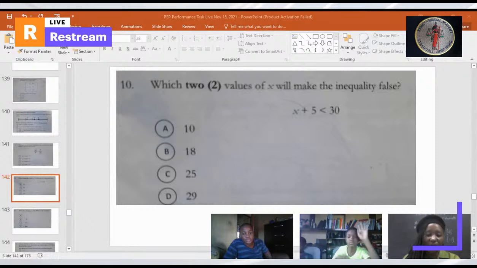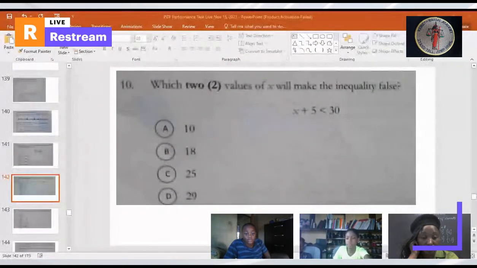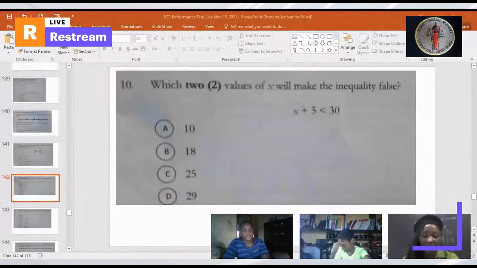So which of those numbers, when you put it there, actually which two? Sometimes the question asks for two answers. Which two of those numbers will make it false? Is it 10 and 18? So if you put 10, what would it read?